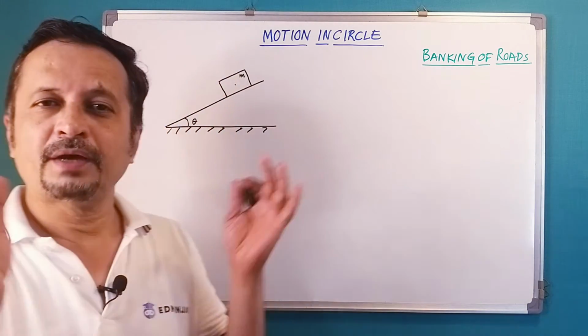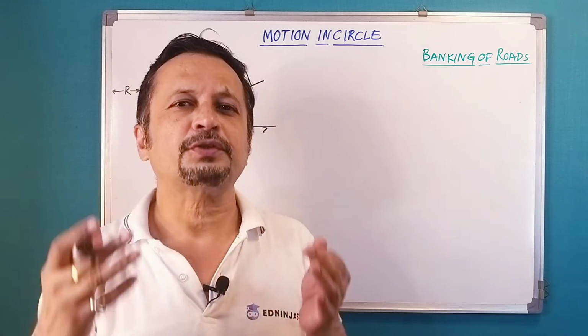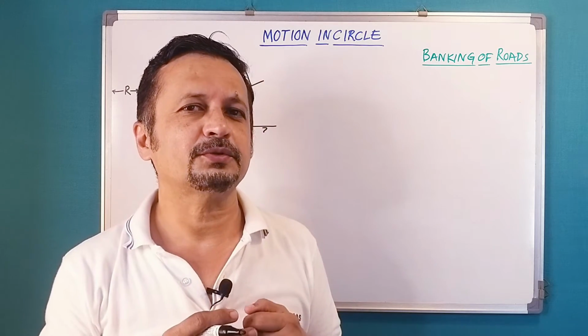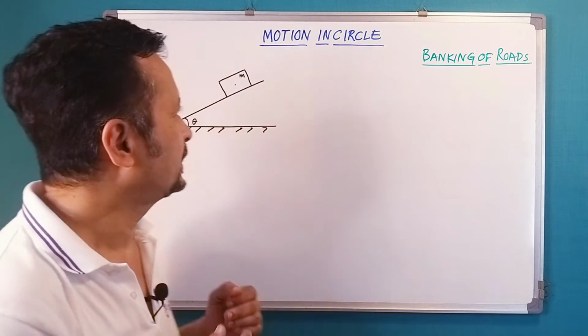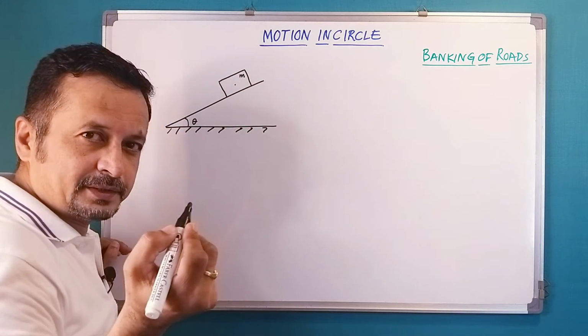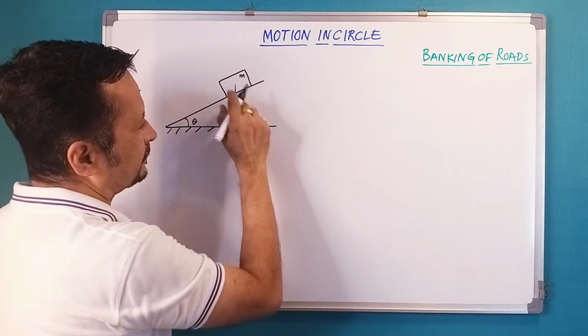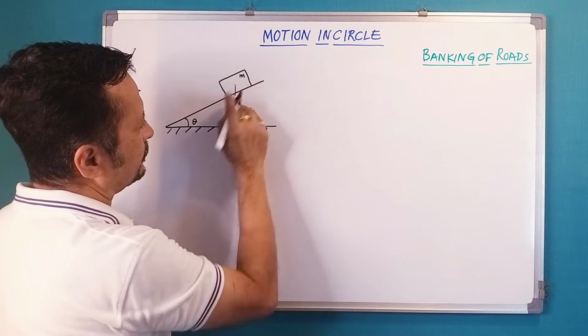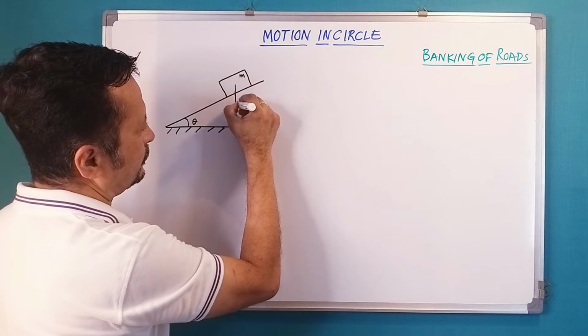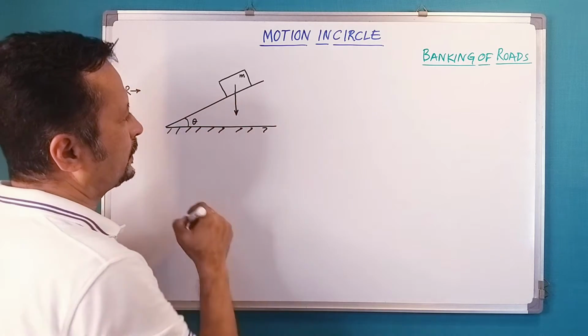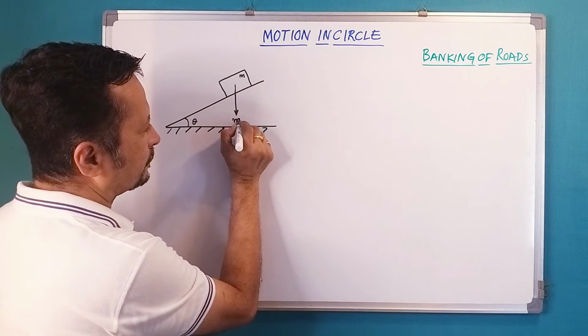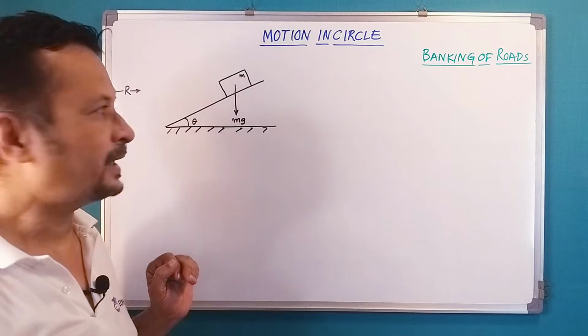Now we have to think about what forces are going to act. The weight acts vertically downwards, so it will act like this. This is mg, correct?